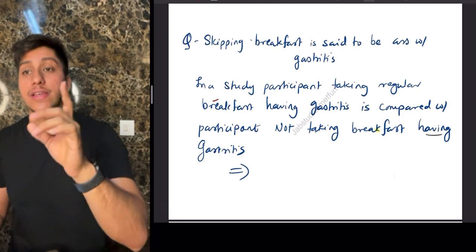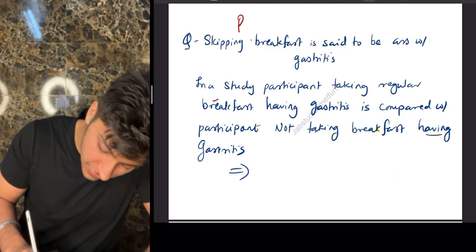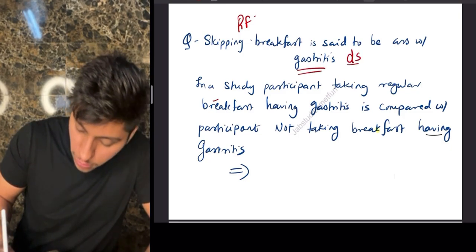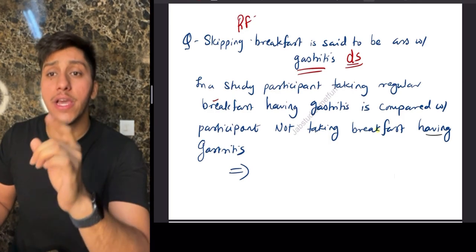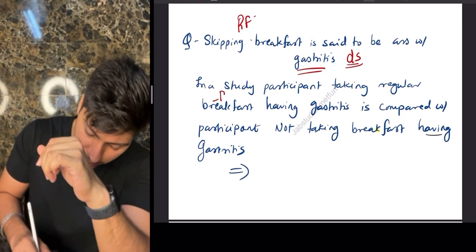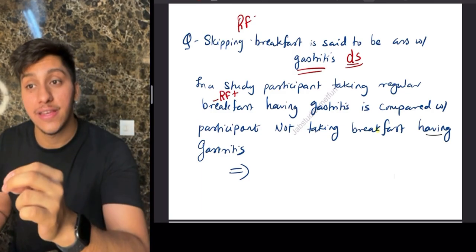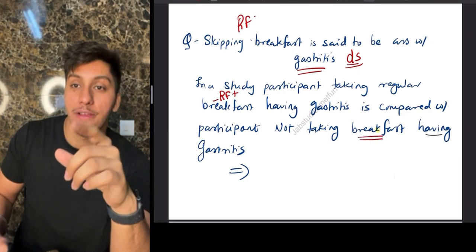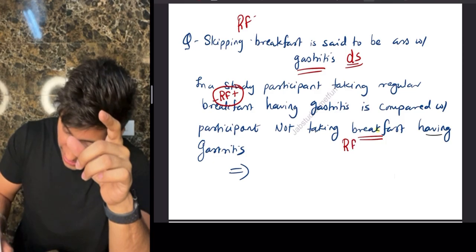Skipping breakfast is said to be associated with gastritis. Now skipping breakfast over here is the risk factor, and gastritis is the disease. Next. In a study, participants taking regular breakfast, which means risk factor positive, are compared with participants who are not taking breakfast, which means risk factor negative.